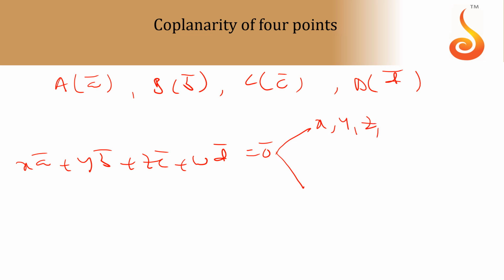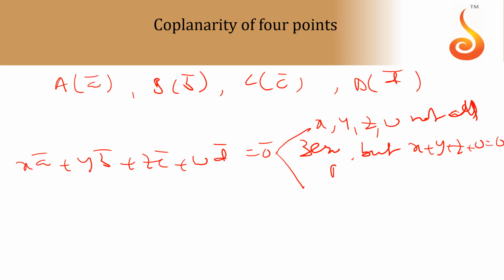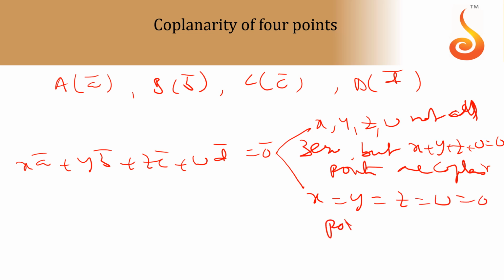If x, y, z, w are not all 0 but x plus y plus z plus w equals 0, then the points are coplanar. If x equals y equals z equals w equals 0, the points are non-coplanar.